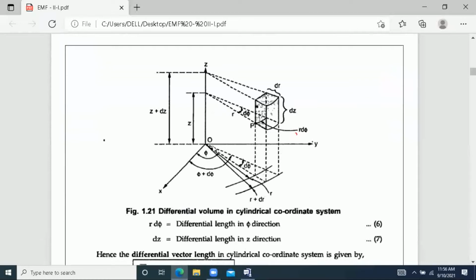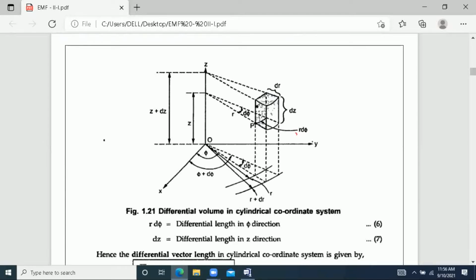So this is tricky now. You're going to define a differential volume here.